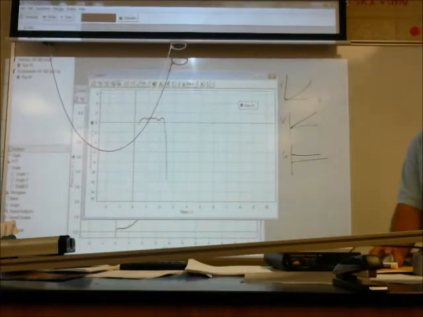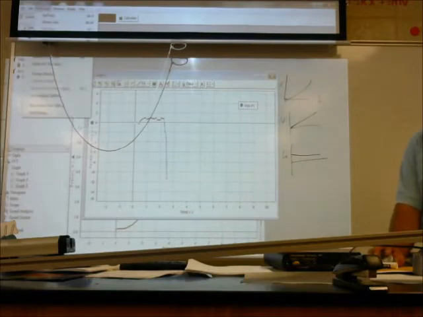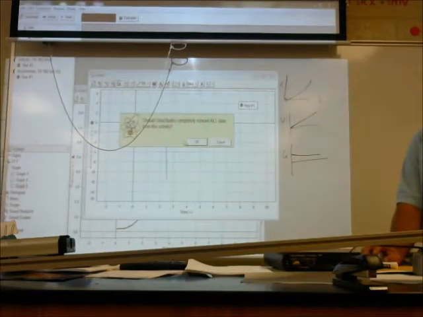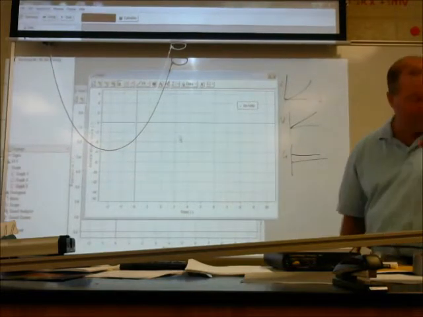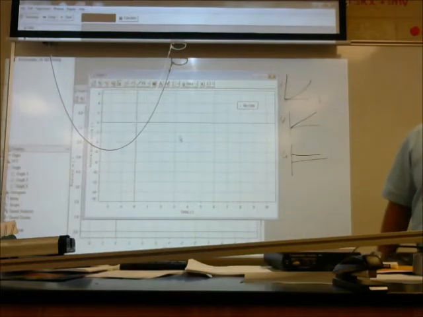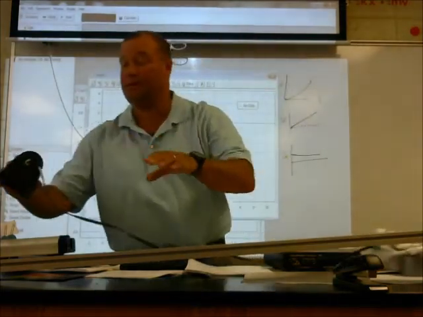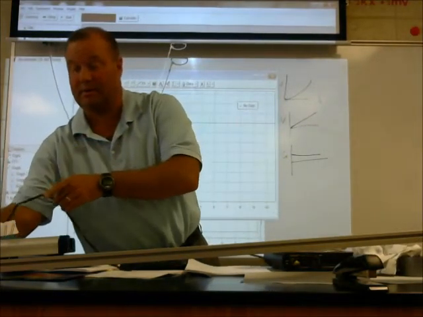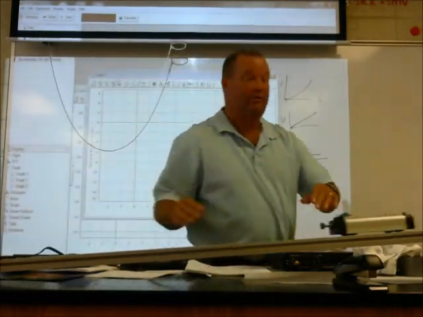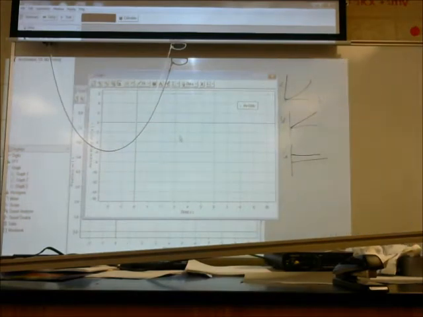All right. So if we look at then the next setup, which was with the origin at the bottom of the ramp and the cart starting at the top, and it's going to go down toward the origin.